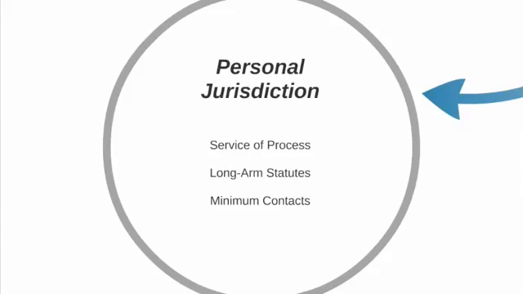Most particularly, they can only allow for the exercise of personal jurisdiction in situations where a defendant has a minimum level of contacts, or minimum contacts, with the state in which the court sits. So the court will have to demonstrate that these minimum contacts exist so that it does not offend the notions of fair play and substantial justice in bringing the individual into that state to be subject to that court's procedure and process.